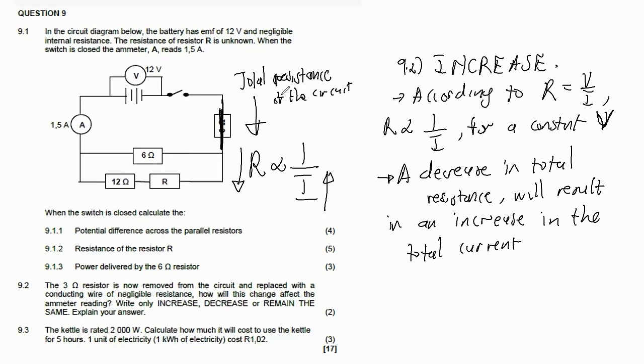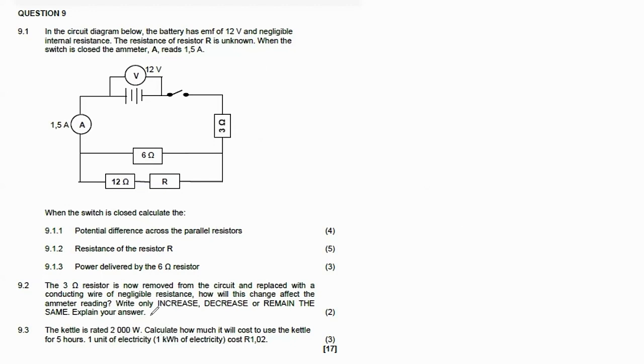And then we have now 9.3. They say the kettle is rated 2000 watts. Calculate how much it will cost to use the kettle for 5 hours. 1 unit of electricity, 1 kilowatt hour of electricity, costs 1 rand 0.02. So now, in order to calculate the cost, we're going to say the formula for 9.3 is cost is equal to kilowatt hour multiplied by the tariff.